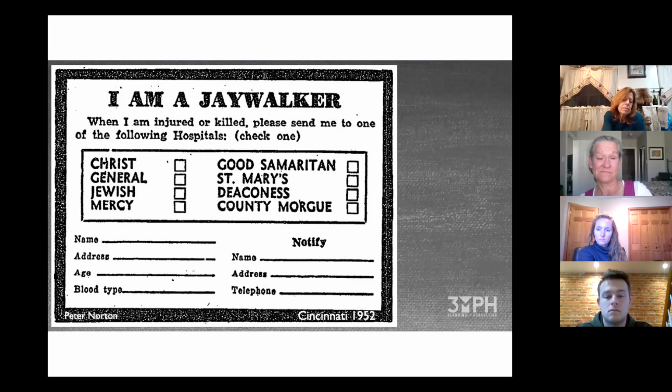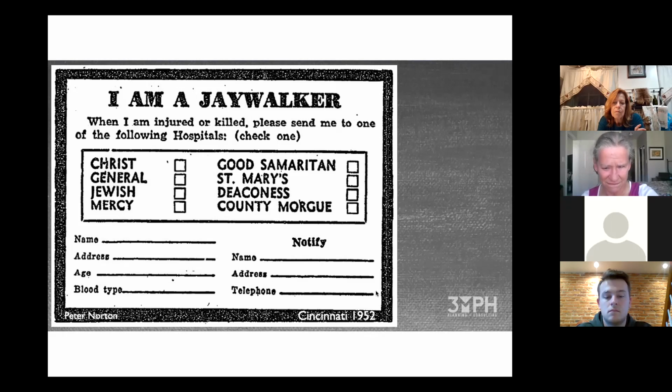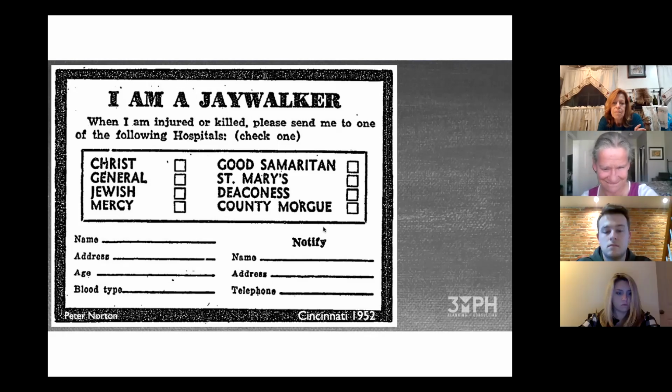They used this kind of propaganda. This is a historical record from Peter Norton that he dug up, from 1952 in Cincinnati. They would have Boy Scouts distribute pamphlets like this on the streets, and you can see the language is very victim blaming. When someone's killed by a car, the big question is whose fault is it? And a lot of these mothers said it's the drivers.